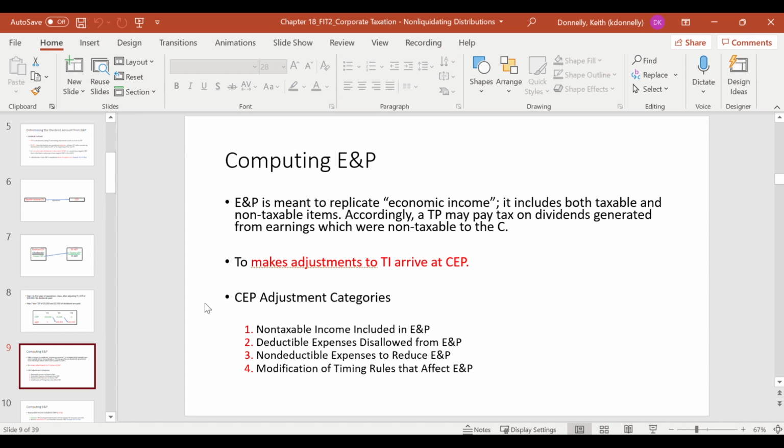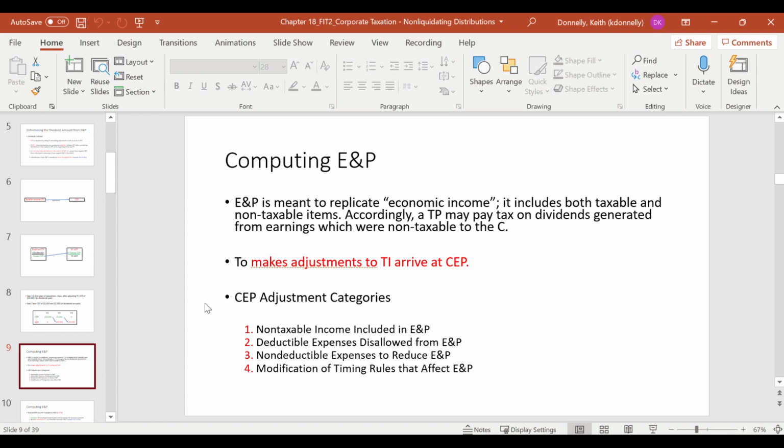Because remember, we said E&P is like economic income. It's kind of like book income. It's not enough where you can just use your book numbers. They want to make it more complicated than that. But the idea here is go from book to tax to E&P. Some of those book to tax adjustments, we may reverse depending on the situation.